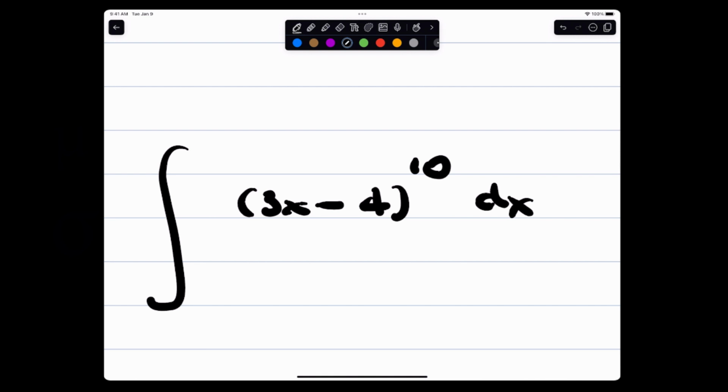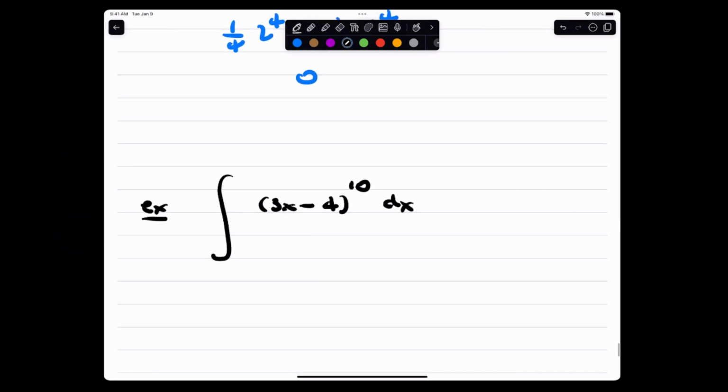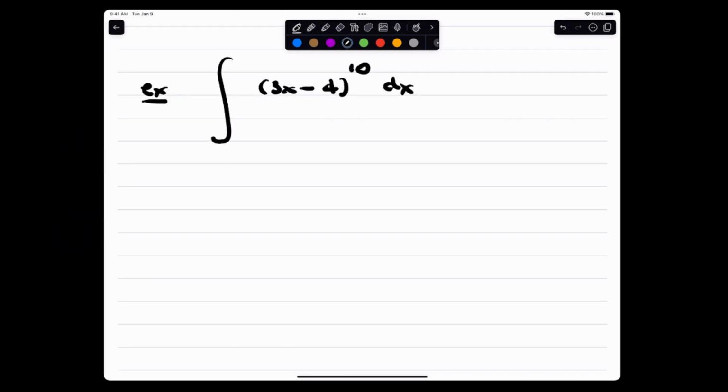Now, when you look back at that worksheet, I want you guys to know one very important thing here. You're really integrating the composition of functions.